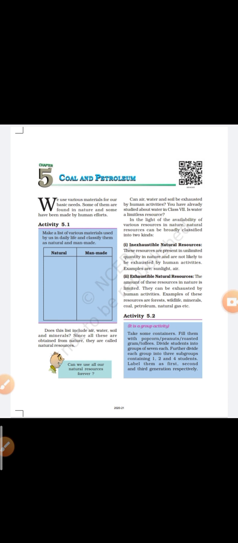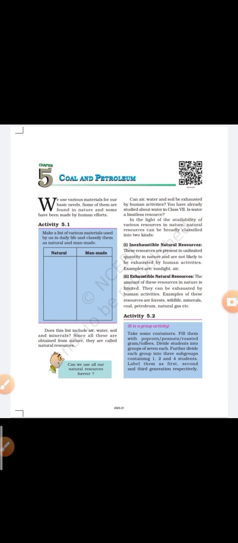So some materials which we use daily in our life we get from nature directly, and some are man-made materials, because for making or synthesizing these materials, human effort is required.